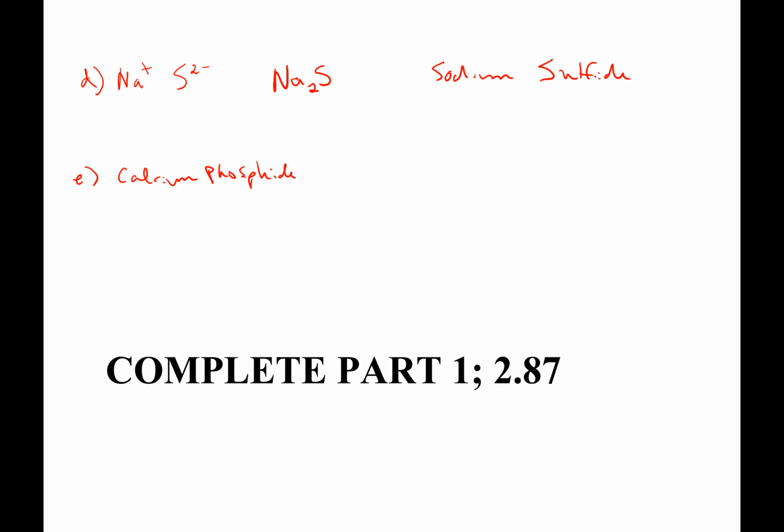So I want you to tell me calcium, what sort of charge is that? Yep, so this is where it's just, well, all of these are the same. So what charge is it? +2. Very good.